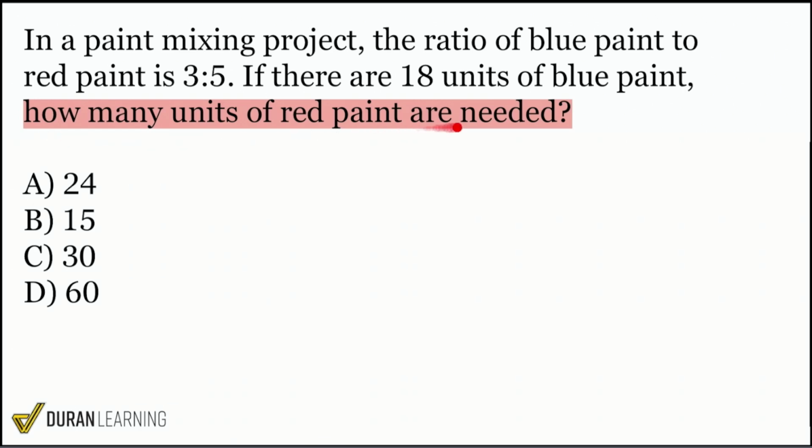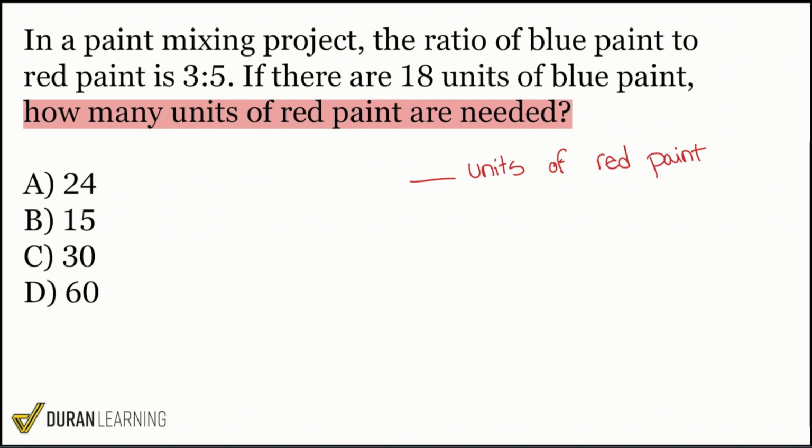How many units of red paint are needed? Boom, I understand the objective. The objective is blank units of red paint. Right there, you have identified what you want to find. Now, we also see in that same question sentence, because this is not where the sentence starts, it's right here: if there are 18 units of blue paint.